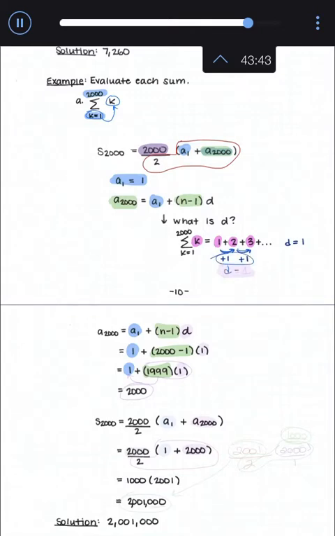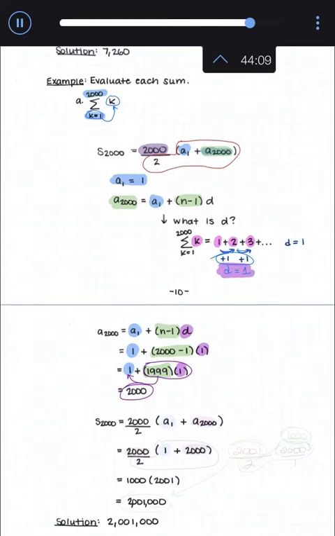So your common difference, d, is just 1. Remember that d of 1 gets multiplied by that n minus 1, that 1999 times your 1 is 1999. Then added to the 1 from the first term gives us back 2000.